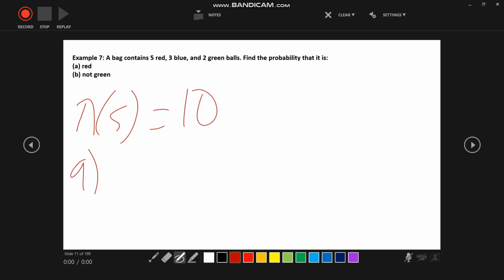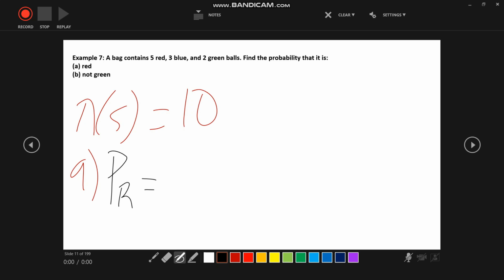Now for question A, you have to find the probability that the ball that is selected is a red ball. The probability that the ball is red will be equal to the same formula, number of favorable outcomes over number of possible outcomes. So we have 5 red balls here.